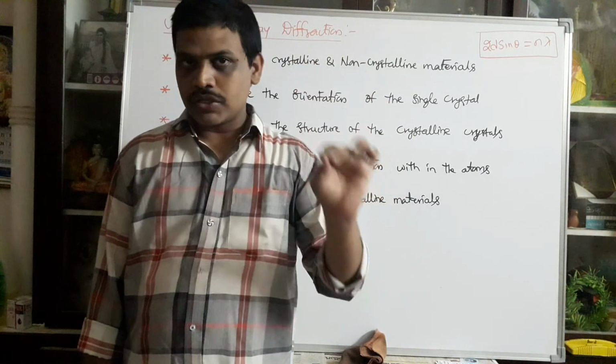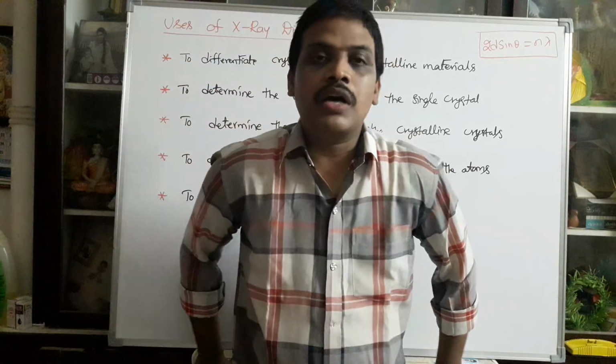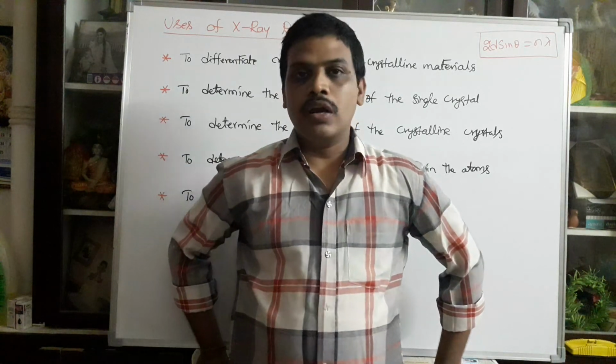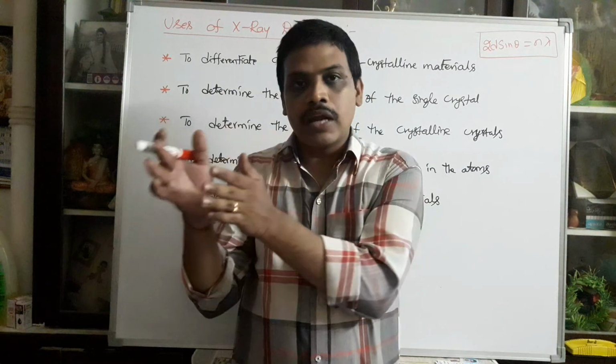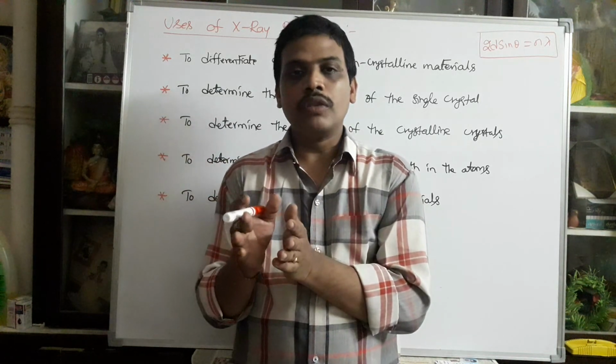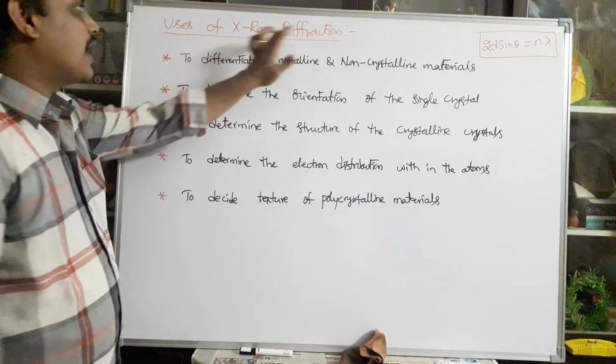The crystals must be in crystalline form. A crystal is nothing but atoms or lattice points arranged in an orderly way, side by side, equally spaced. So orderly arranged solids can be determined by using the X-ray diffraction method.